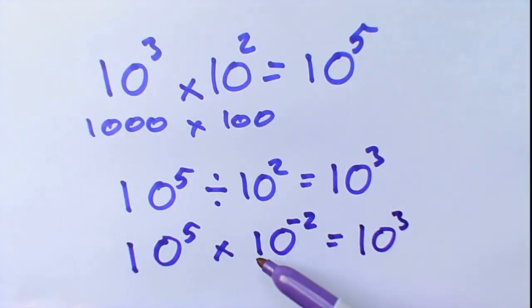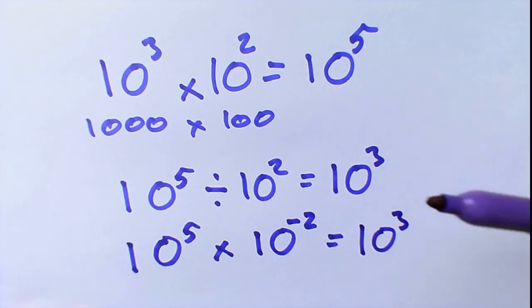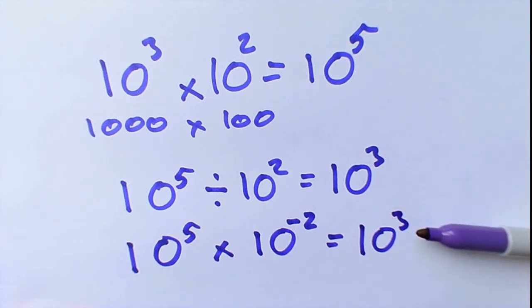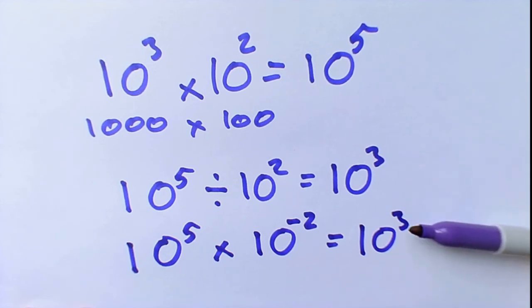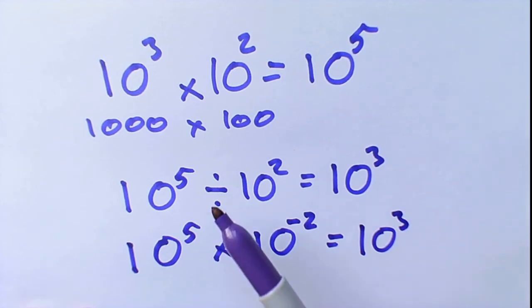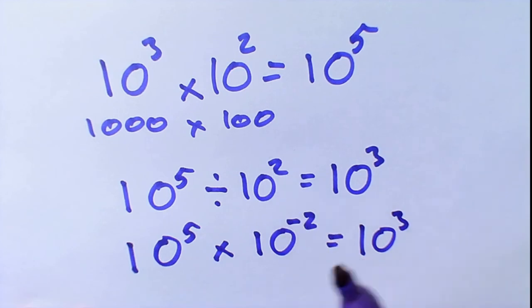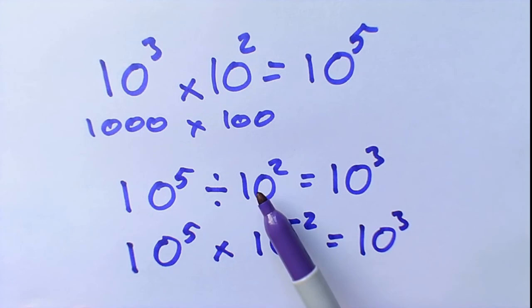In other words, these two calculations, you can pause the video and just make sure you understand what's going on. These two things are the same thing. In other words, another way of saying divided by 10 to the 2 is to say times by 10 to the minus 2. So that's why when we get these negative indices here, it's the same as a divide.